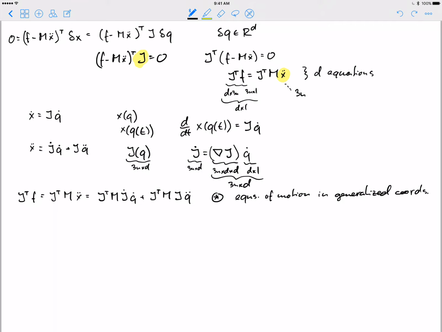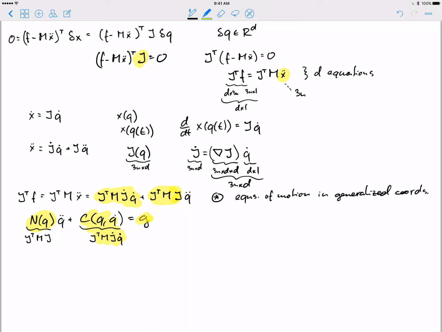Usually, you see these equations written in the following form, which I'll first write in, then I'll explain it. N(q) q double dot plus C(q, q dot) equals some G, where this N(q) means exactly my J^T M J, and this C is called C because it represents Coriolis and centrifugal forces. That's the term J^T M J dot times q dot.